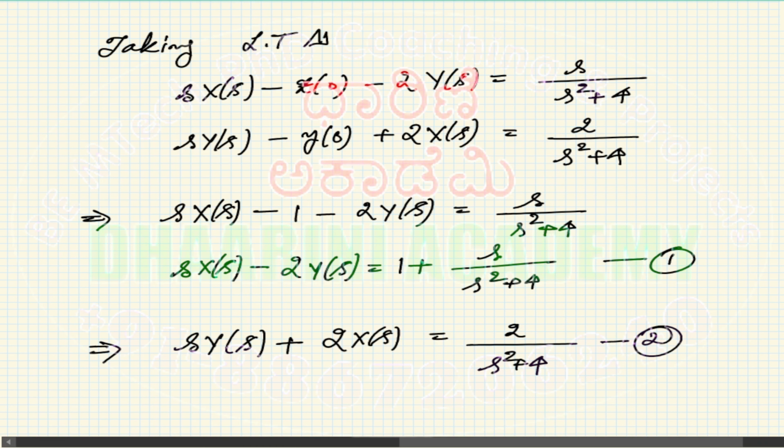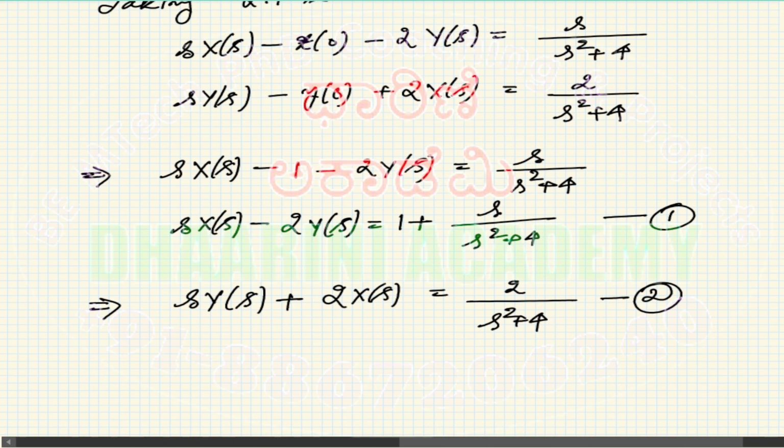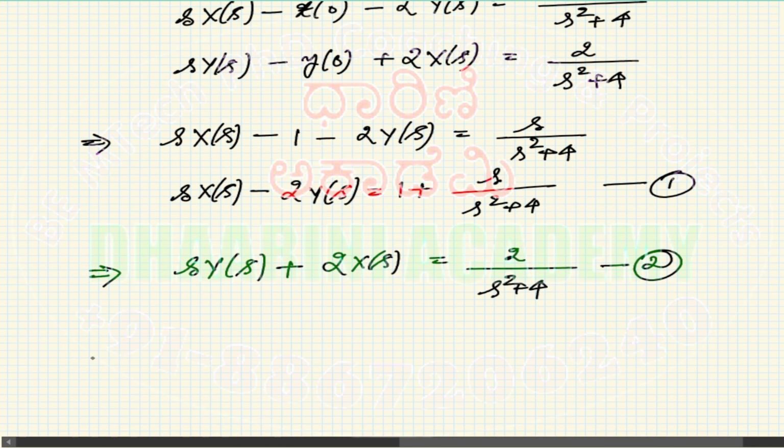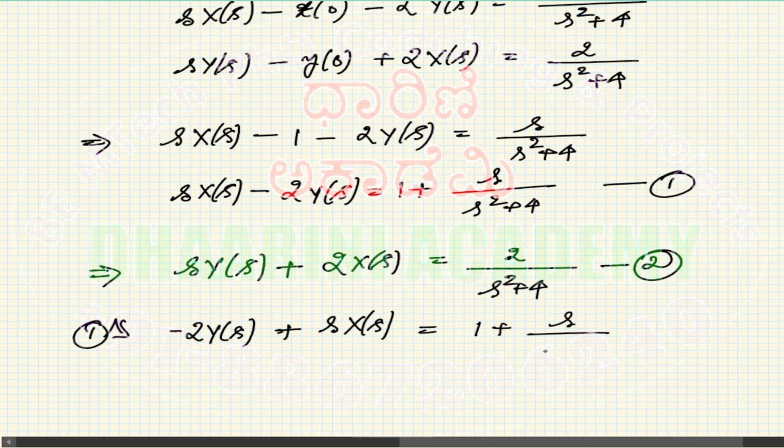I'll modify equation number 1 as per the requirement of this. So equation 1 can be rewritten as minus 2 times Y of s plus s into X of s equals 1 plus s over s square plus 4. Call this 3.